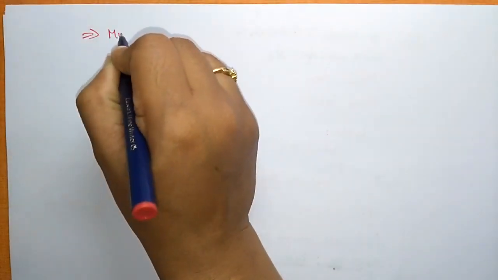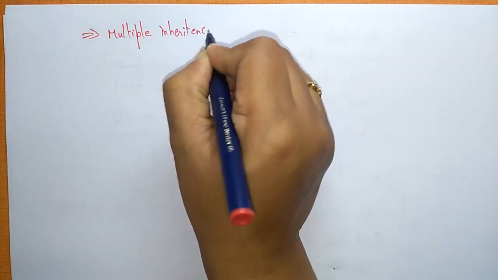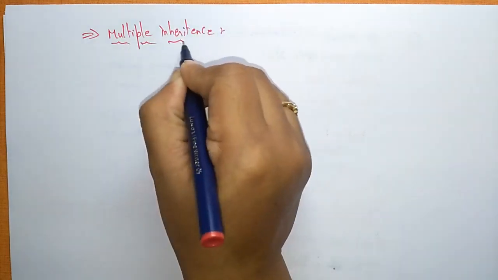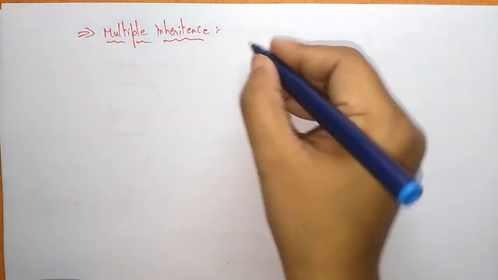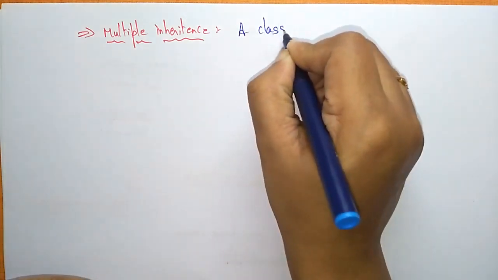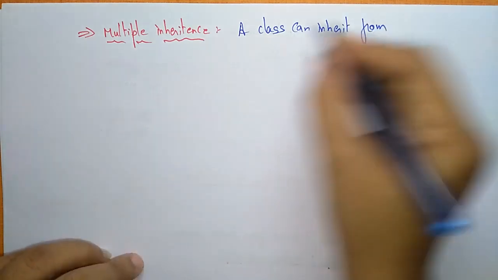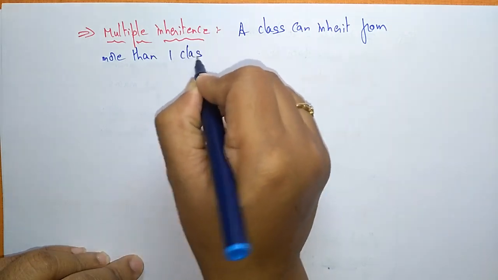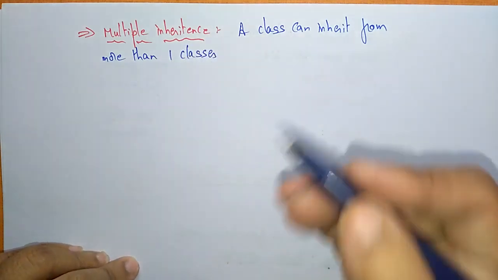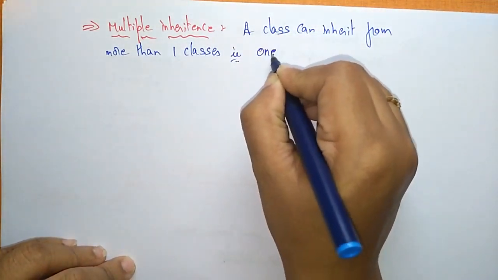The second one is multiple inheritance. Now I am explaining multiple inheritance, not multi-level. Don't be confused: single, multiple. Multiple inheritance means a class can inherit from more than one class.